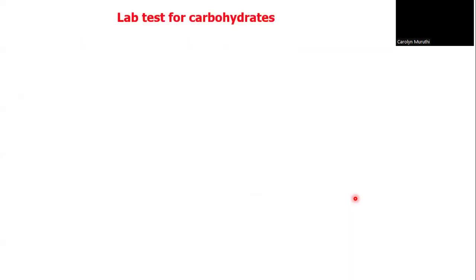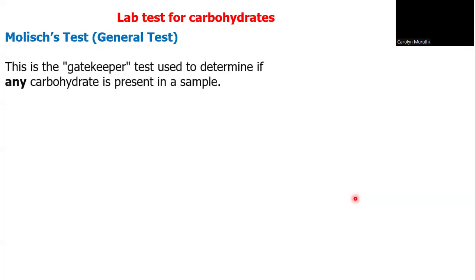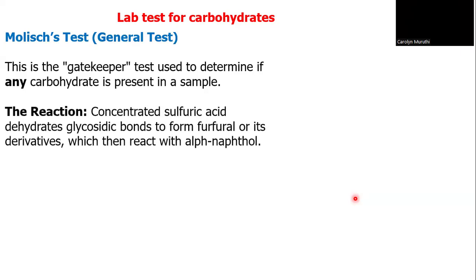So having looked at that, let's finally look at some of the lab tests which can be done to test for carbohydrates in samples. The first test is called the Molisch test, which is a general test used to determine if any carbohydrate is present in a sample.